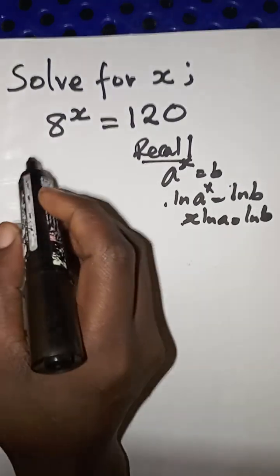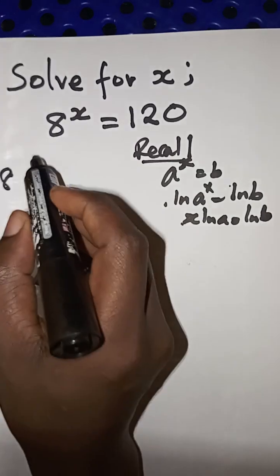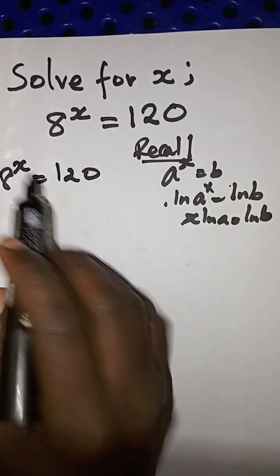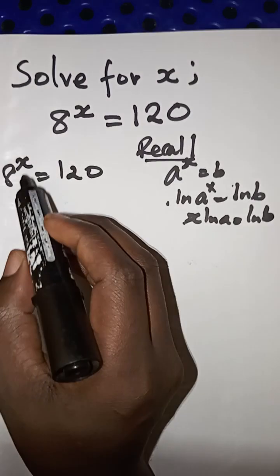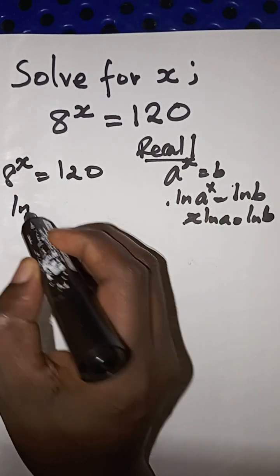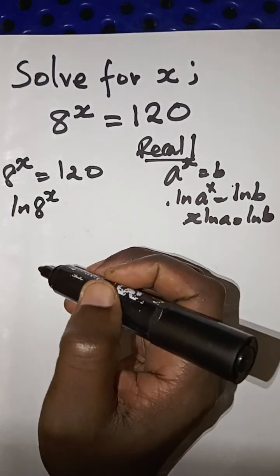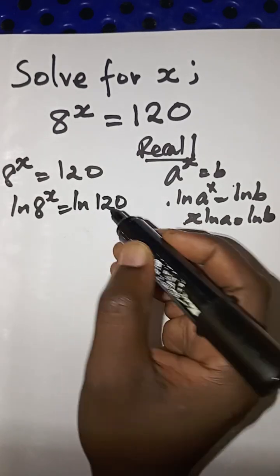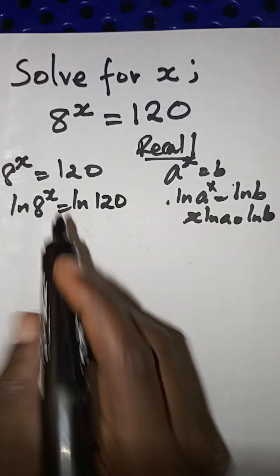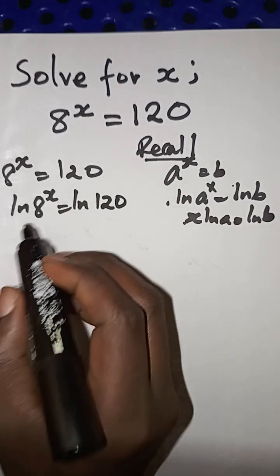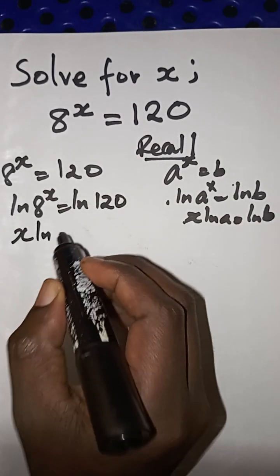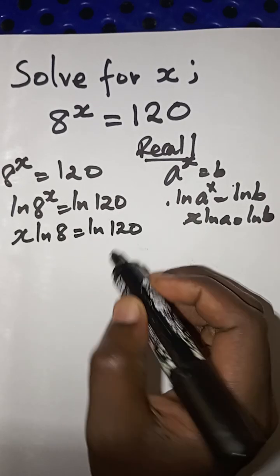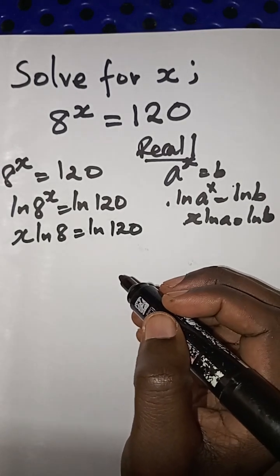So we are told that 8 raised to x is equal to 120. The first approach is to introduce the natural log on both sides of this equation so that the x can come down as x ln of 8 is equal to the ln of 120.